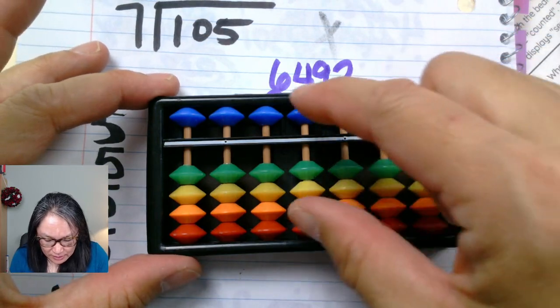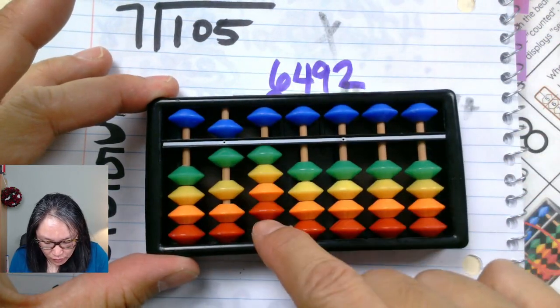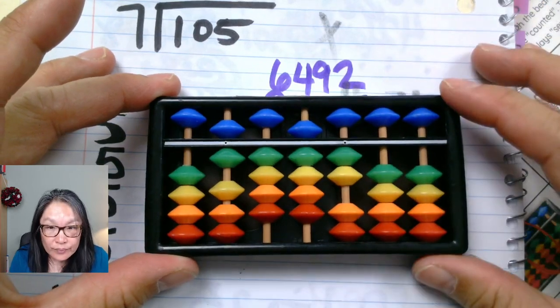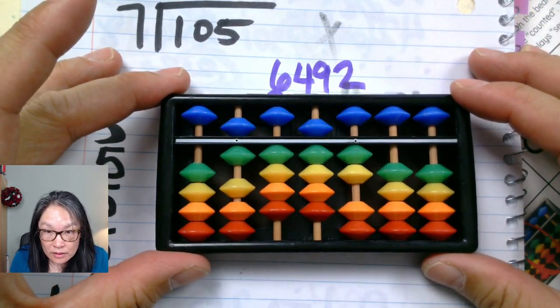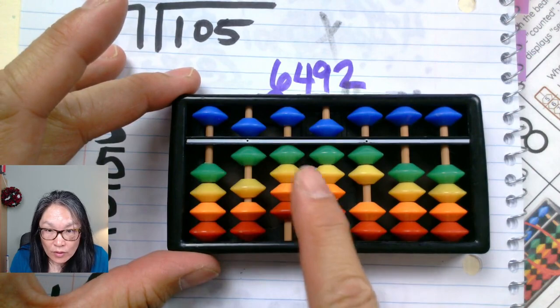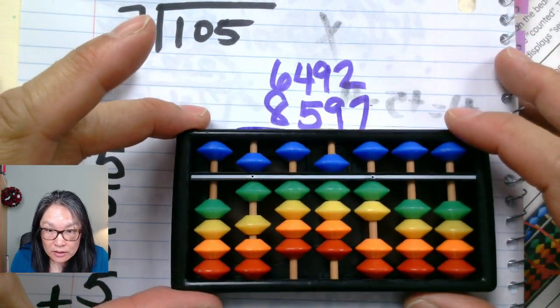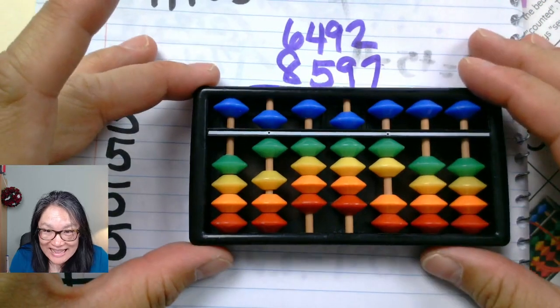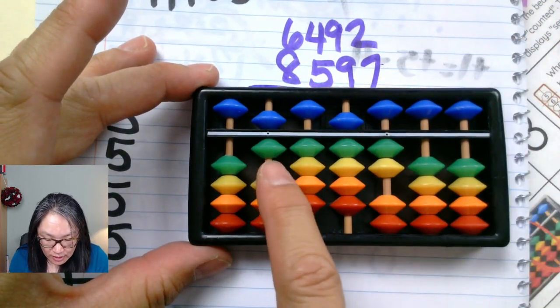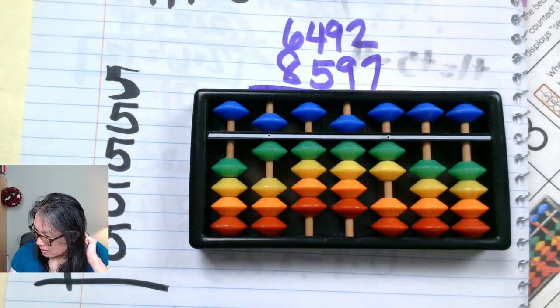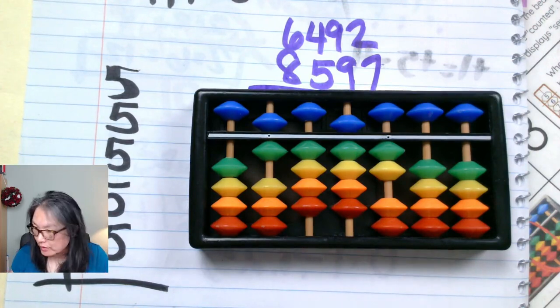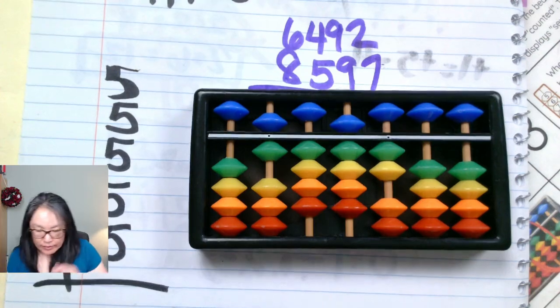So we have 6, 4, 9, 2. We got that. So what's next? We're going to add the 8. We know what we're doing.